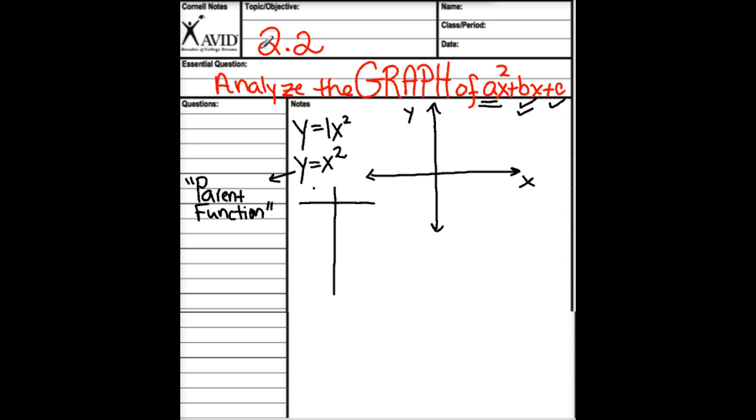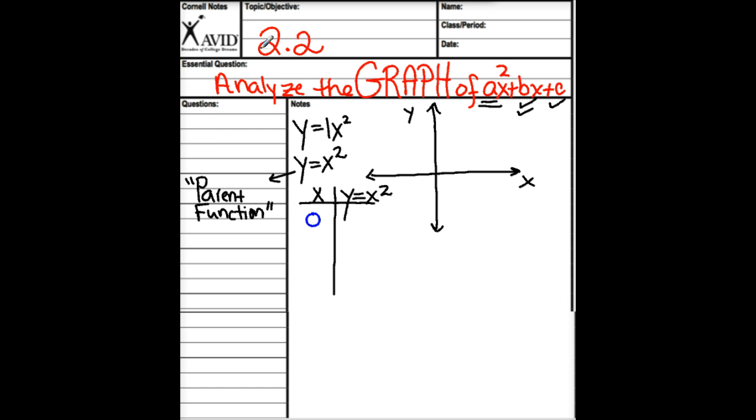In order to see what it looks like, I have to put some stuff in for x and see what comes out for y. And remember, to get y, I'll square the x. So let's begin here. Pick any number in the world. I'm going to pick the number 0.